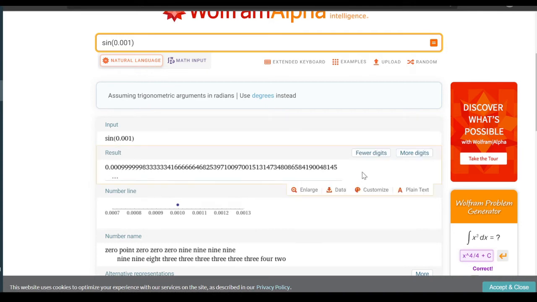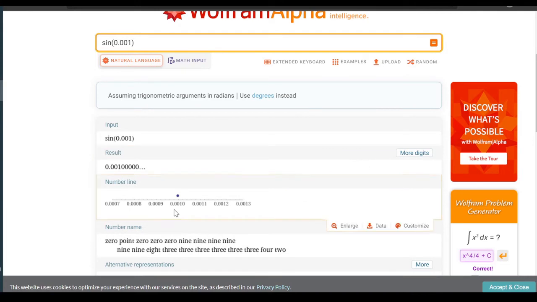In fact, if we get Mathematica to do a little bit of rounding, the result of sine of 0.001 is practically equal to 0.001 itself. The only difference is so small that it's practically negligible for most actual applications.